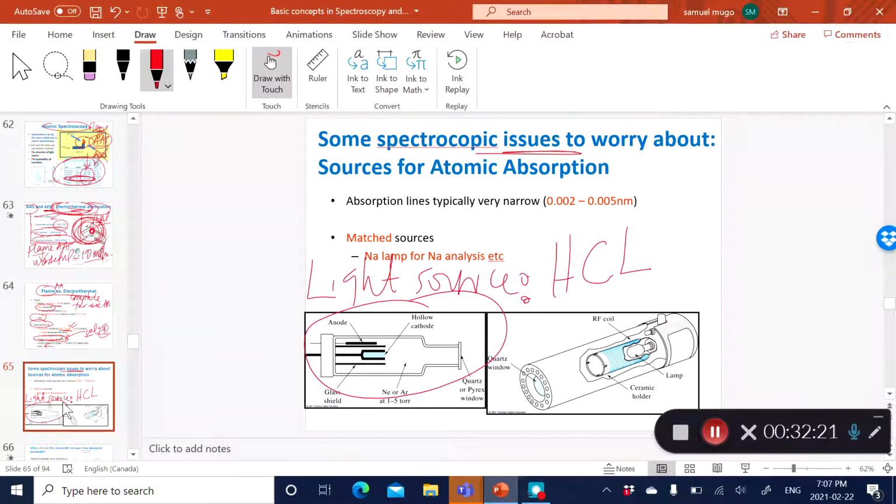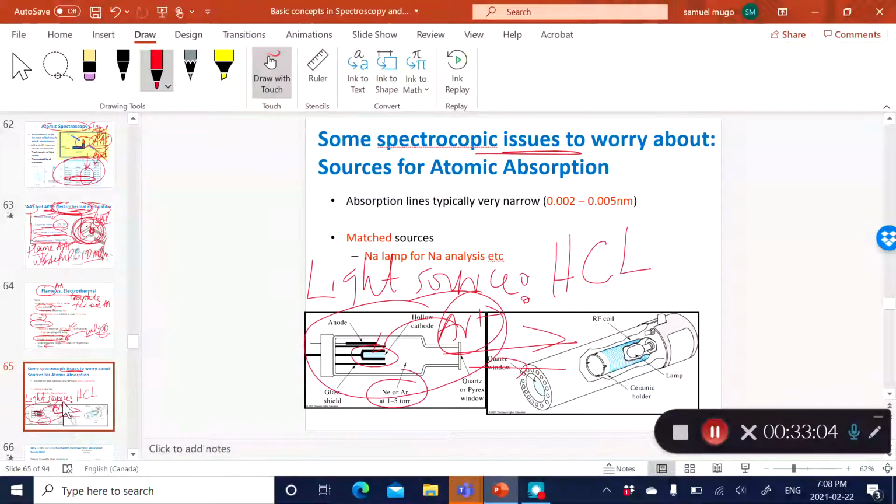Now, I already explained before how the hollow cathode lamp works. It's simply a cathode that is coated with the metal of interest and is put inside a pressurized inert gas chamber, and the gas is ionized to produce argon cations, which are accelerated to the cathode containing the sample, and you get the sputtering effect and the excitation of the element, and then it relaxes back to give you the lines or the light that you are interested in.